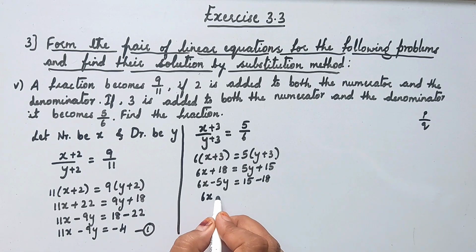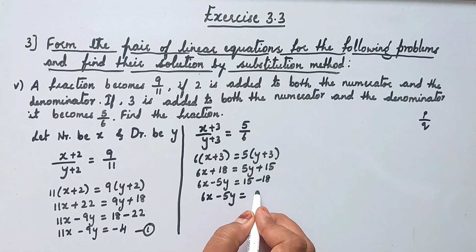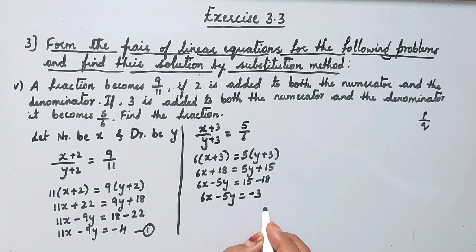Now this is 6x minus 5y equal to, when you subtract these both, you're going to get 3, greater number sign, that is minus 3. This is equation 2, students.